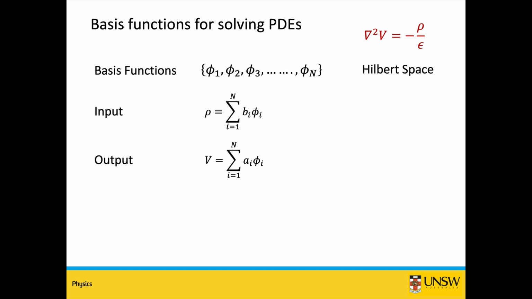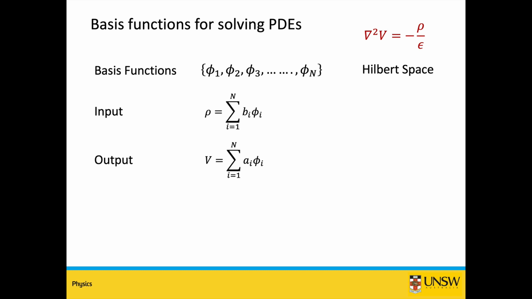The coefficients are represented by b sub i. And because you know these basis functions phi i, you have chosen them yourself, and you know rho, the charge density that is given to you in the problem, you can easily find these coefficients b sub i. So the input variable is known in terms of basis functions.